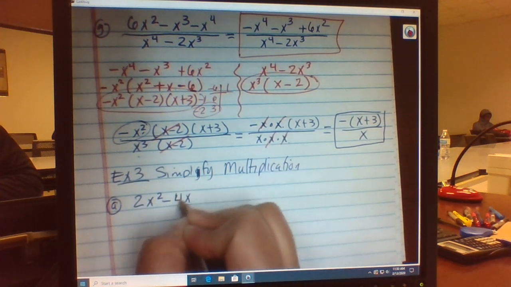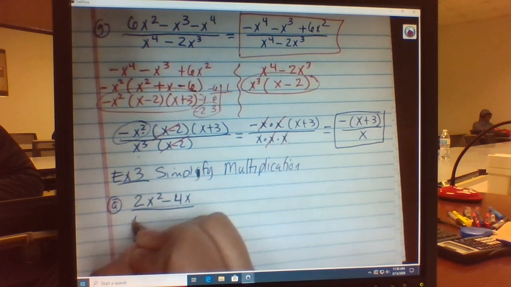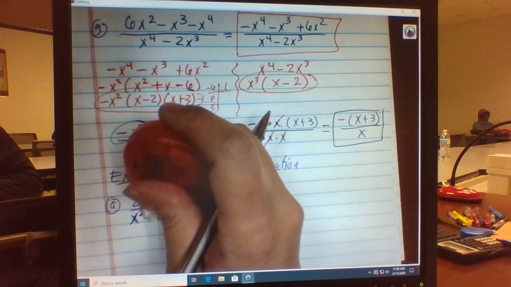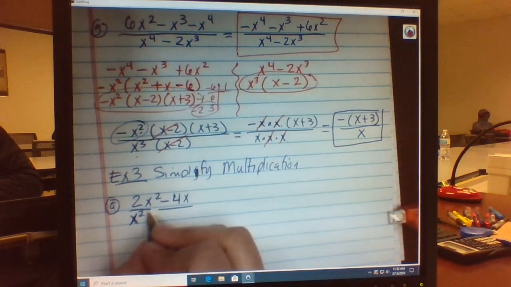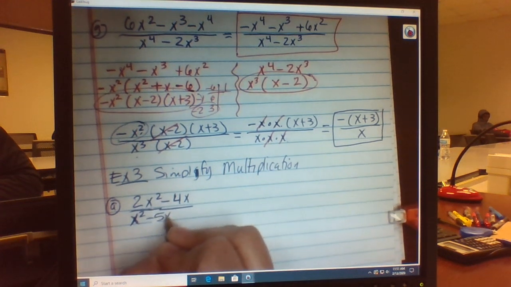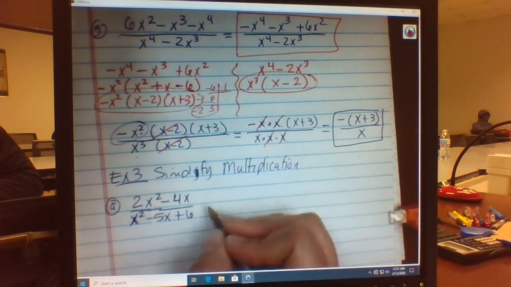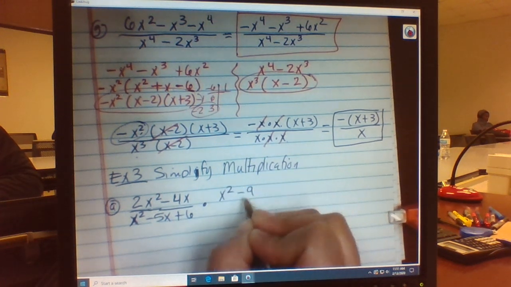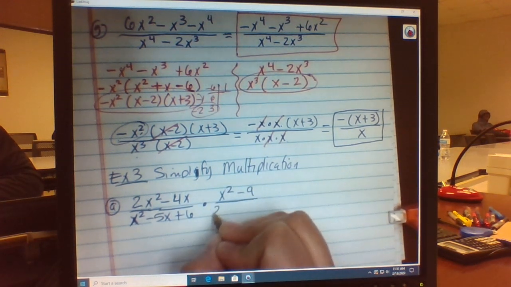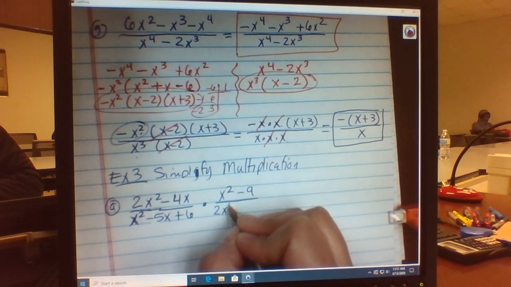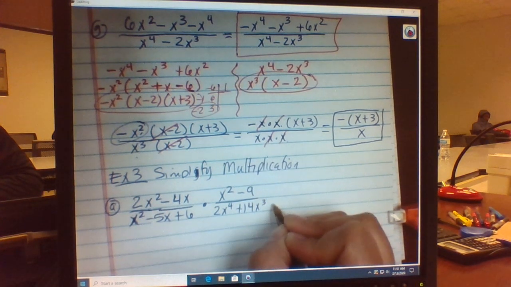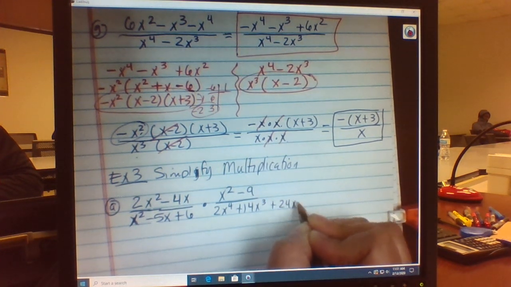Just messing with you. So now they're going to give you something that looks more complicated, but it's the same thing. Third, minus 5x plus 6 times x squared minus 9 over 2x to the 4th plus 14x cubed plus 24x squared.